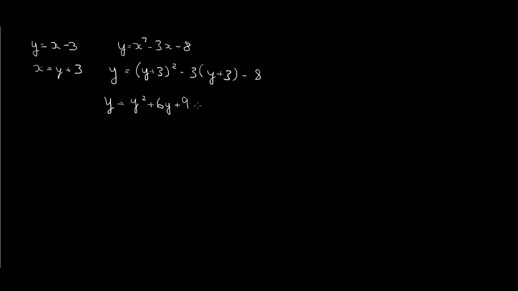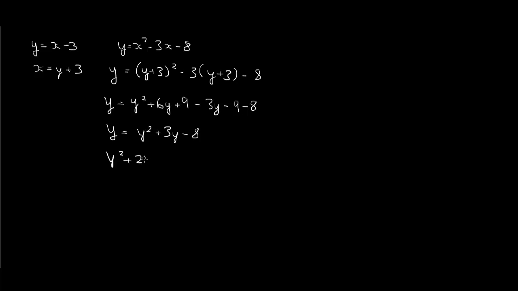Then minus 3 times y is minus 3y, and minus 3 times plus 3 is minus 9, minus 8. Okay, then we'll collect the terms up. We've got just 1y squared, we've got 6y minus 3y, which gives us plus 3y, and then collect the numbers up. I think we'll find that adds up to minus 8.